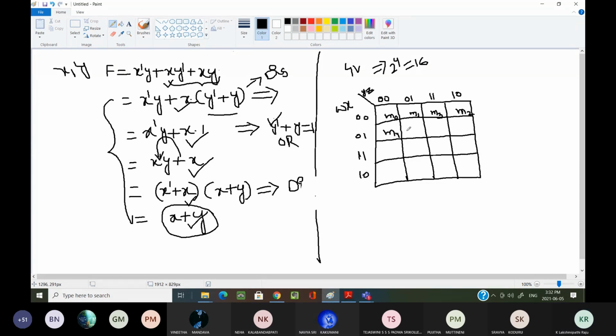Now what is this one? M4. What is this one? M5. What is this one? M7. What is this one? M6. Now what is this one? M8. Very good.